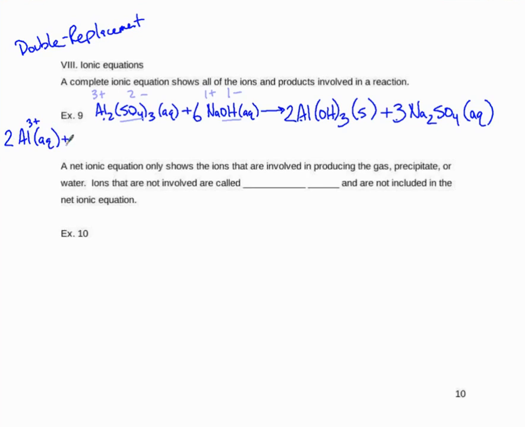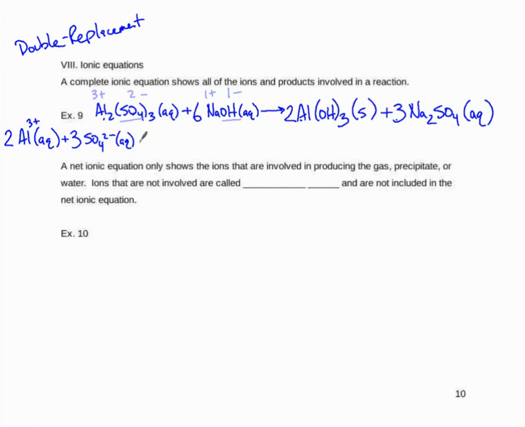Plus, the next thing we have is this sulfate, SO4 2-, which is also aqueous. And if you take a look here, we have 3 of these. And in the compound, it's this parentheses, SO4 3. But once it dissociates, that's just 3 of these sulfate ions floating around.